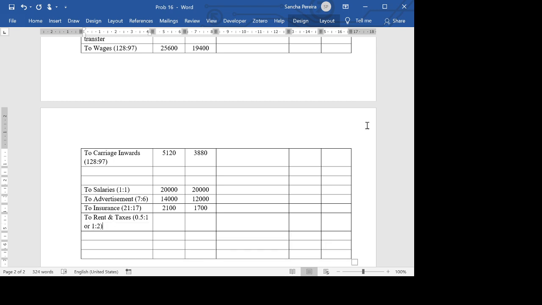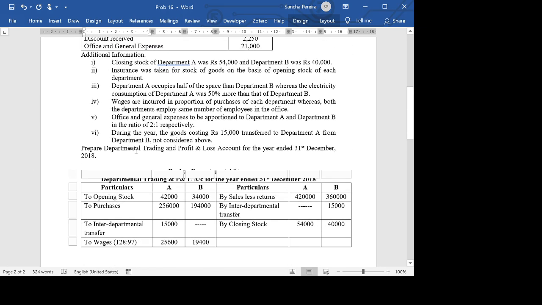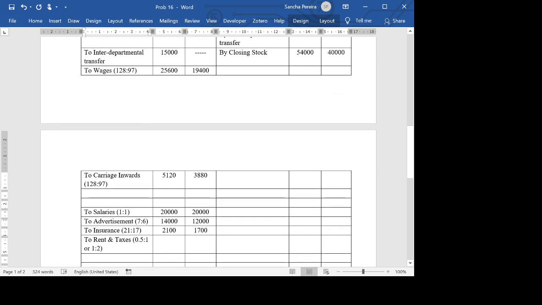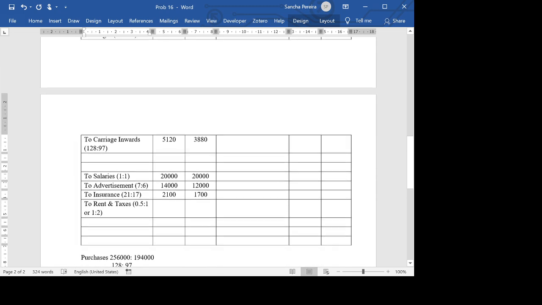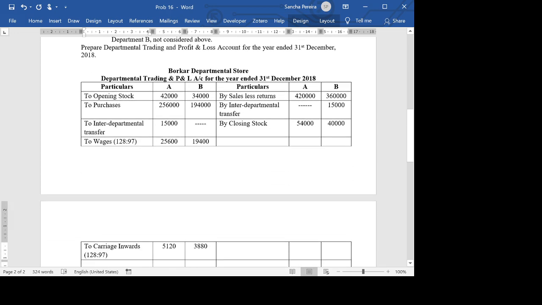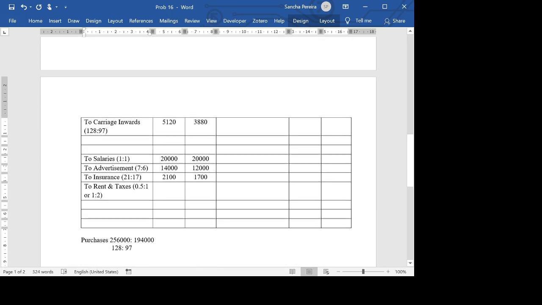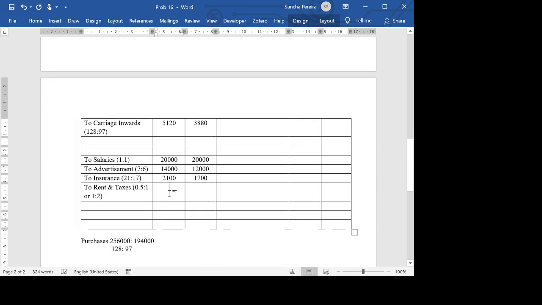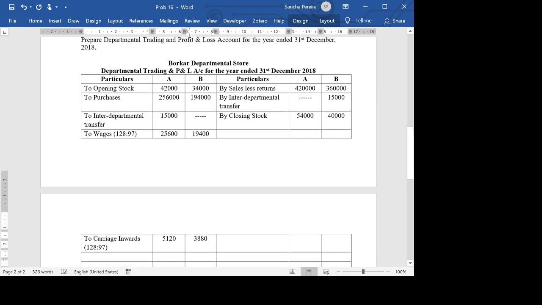Up to you, because whatever it is, A's occupancy is half that of B. So if we divide 36,000 in that ratio, it will give 12,000 and 24,000.